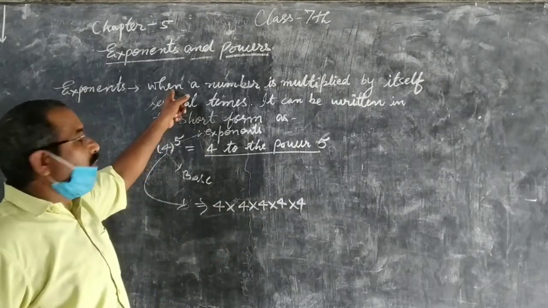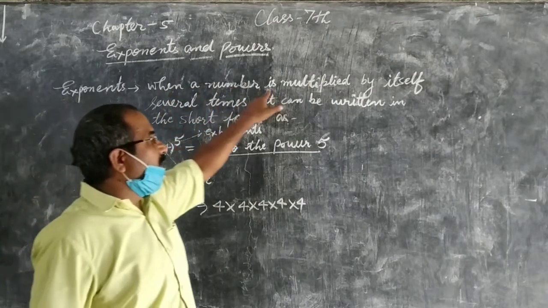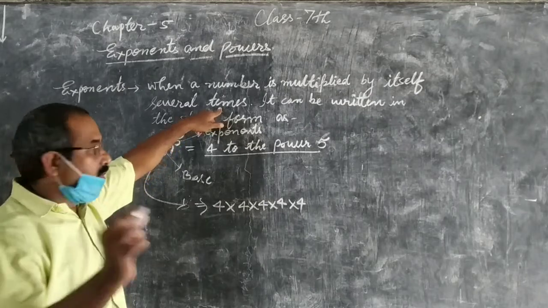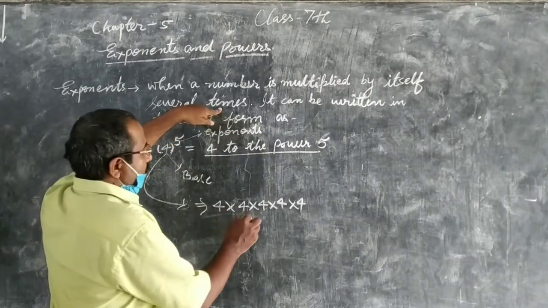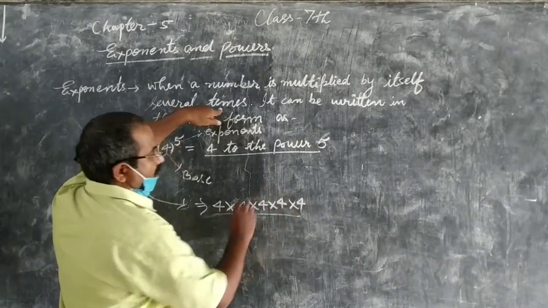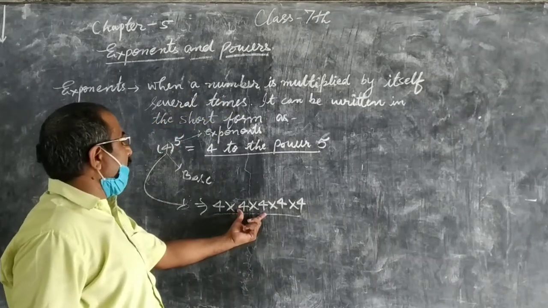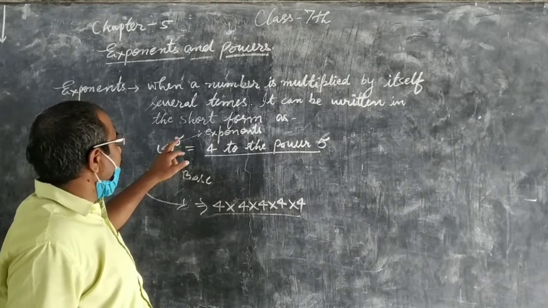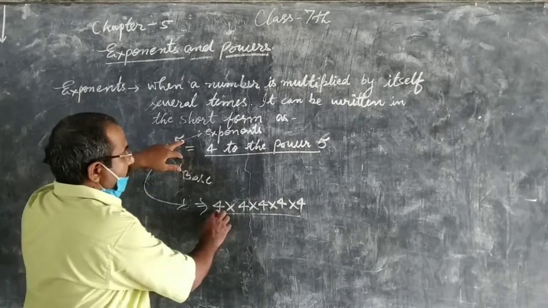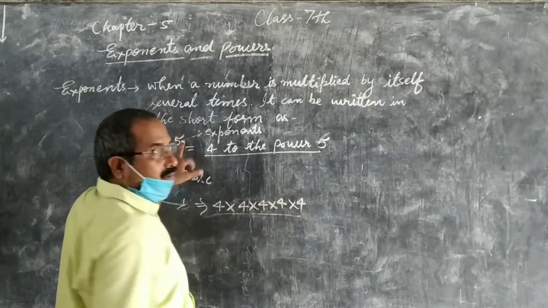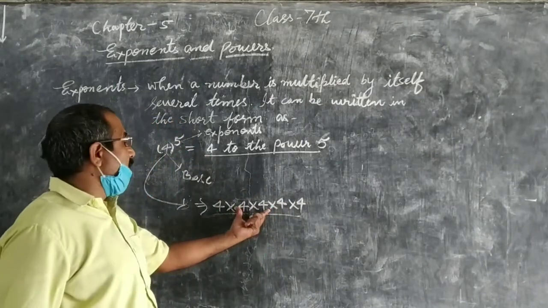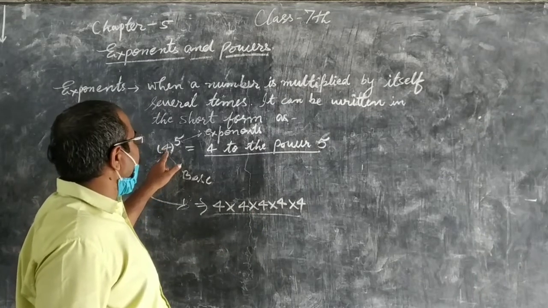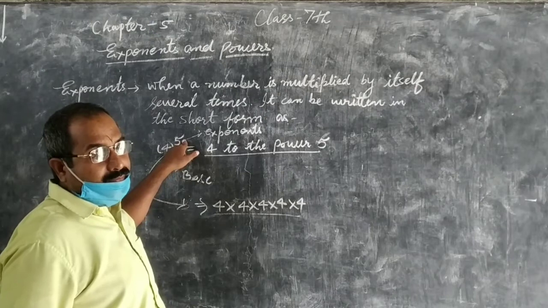As I have explained, when a number is multiplied by itself several times, it is called the exponent. This is the base and this is the exponent. This is 5 times. The number of times is the exponent. And how will we read it? We will read 4 to the power 5.